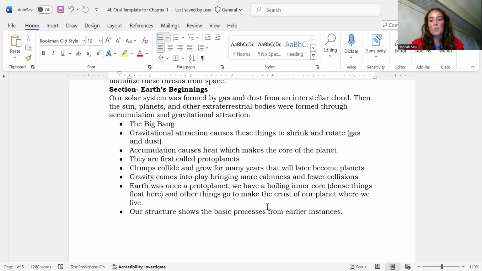It talks about what gravitational attraction is, and it causes things to shrink and rotate. Before these planets were formed, they were called protoplanets. And then it tells us that accumulation is just the heat that forms the core of the planet, the hottest part of the planet.